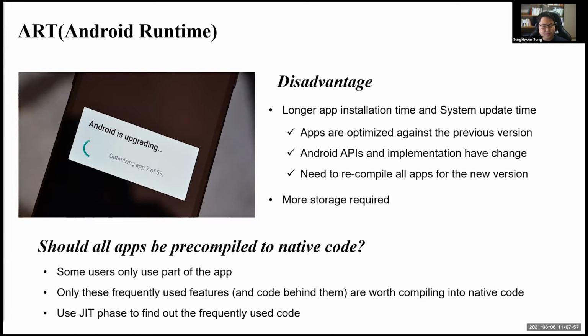First, I check how much is in my account. Second, I transfer money from the account. That's it. Although there are so many menus in the app, I use only two features. Then you don't really need to compile everything, wasting your time and storage. All you need is to selectively compile the code that is frequently used by users.